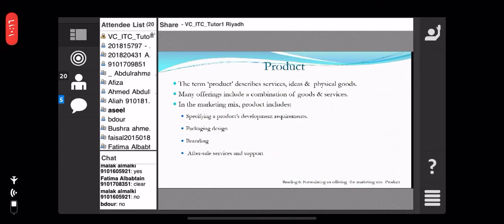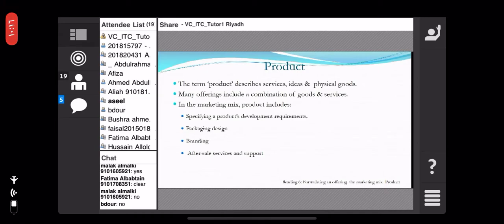Okay. Many offerings include a combination of goods and services, as I gave you the example. In the marketing mix, product includes specifying a product's development requirement, packaging design, how to design the package of the product, branding, how to make your product a brand, and after sales services and support.